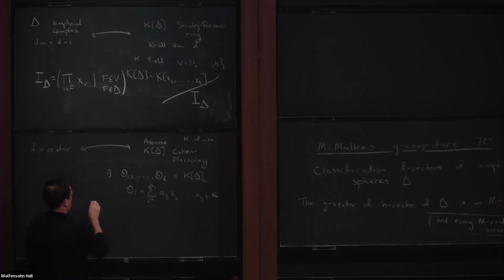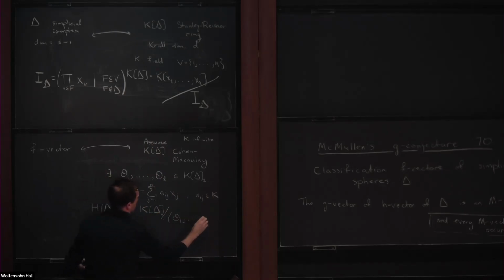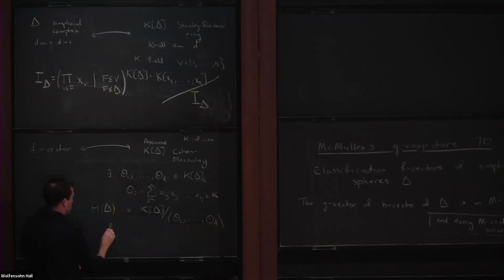Now if I quotient by this, define H to be my Stanley-Reisner ring modulo theta 1 through theta d. I can always do this so that this is finite dimensional. And this sequence is called a linear system of parameters.